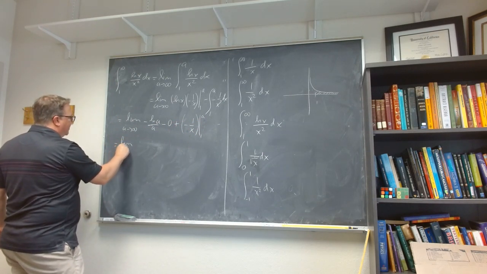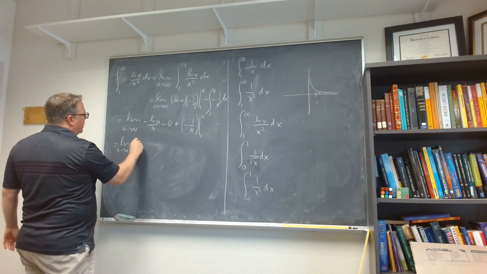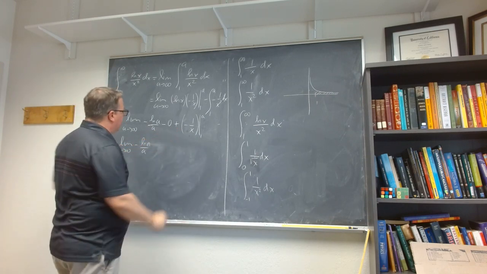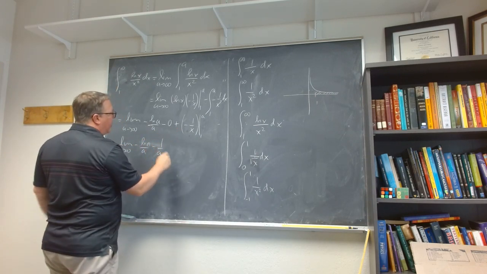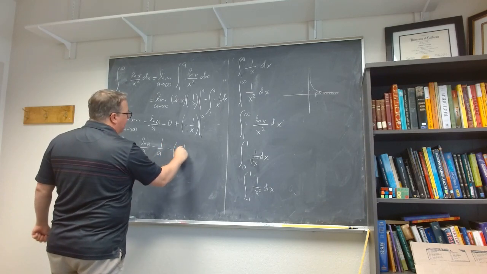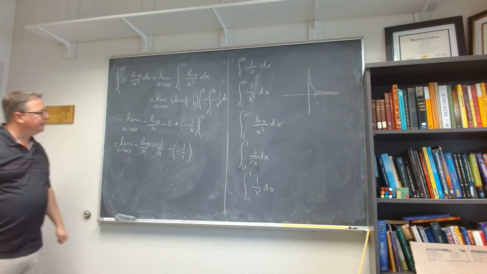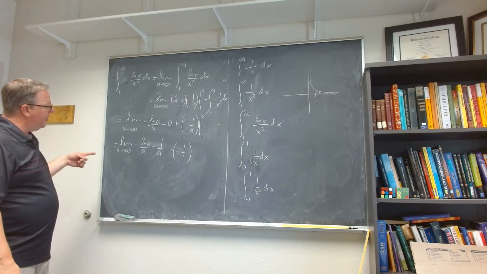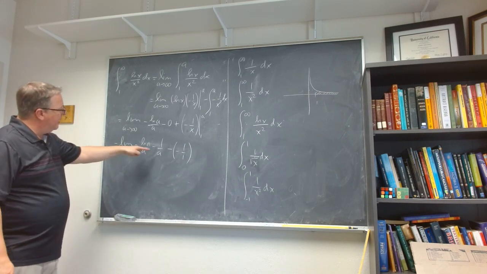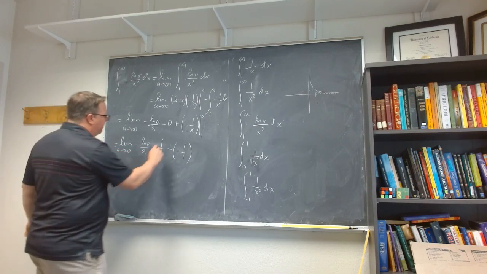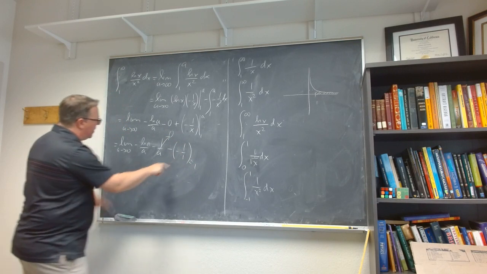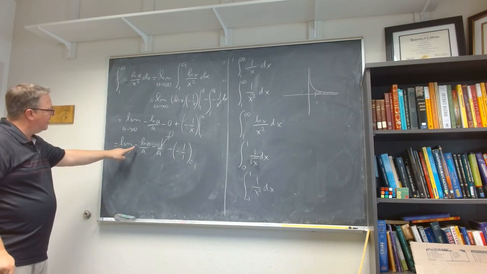The limit as a goes to infinity, negative natural log of a over a, the 0 goes away, minus 1 over a, minus negative 1 over 1. OK? And now we have to do the limit. As a goes to infinity, this is going to go to 0. This here is going to be 1, and we just have to deal with this.